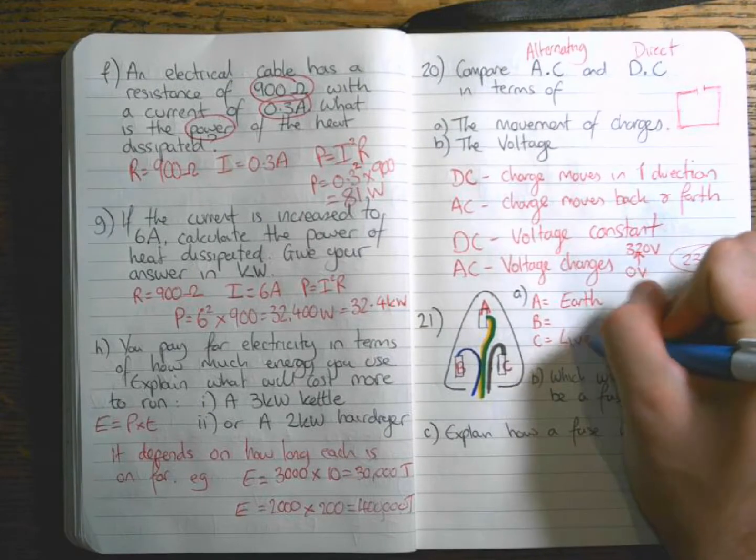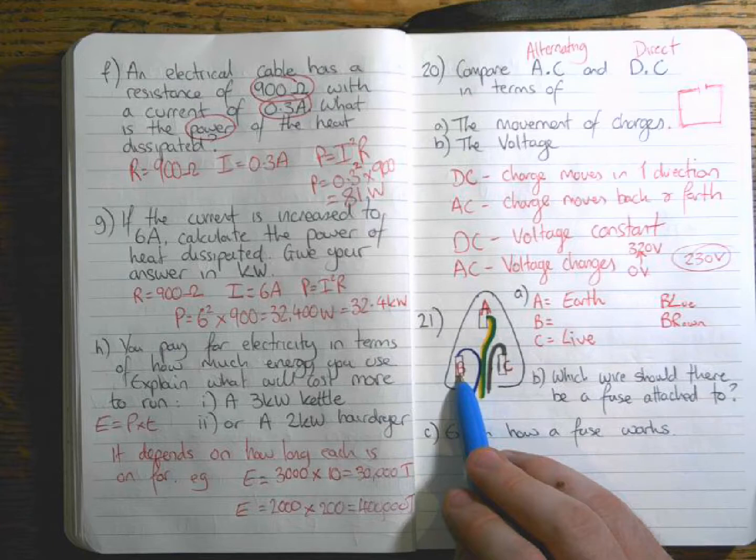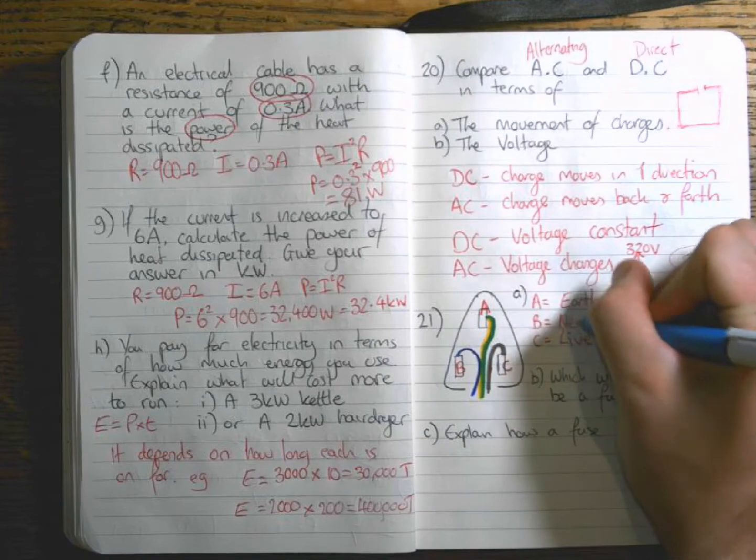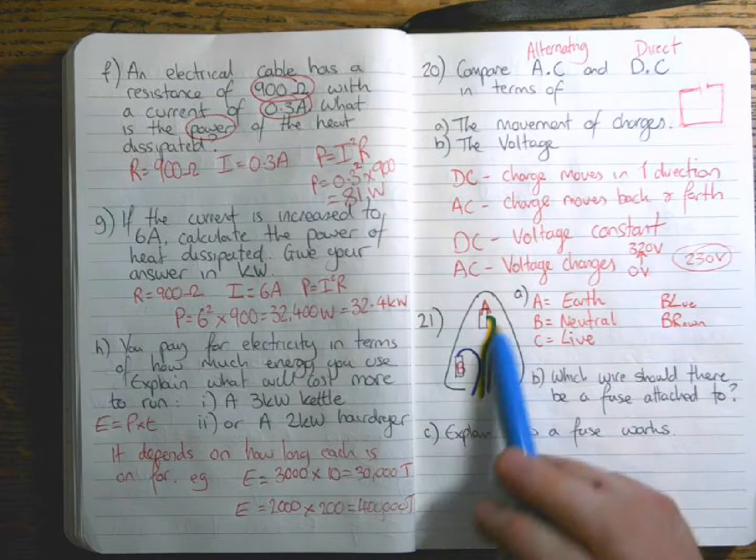So the brown one is the live wire and the blue one is the neutral wire. So I remember the earth because it's got green in it.